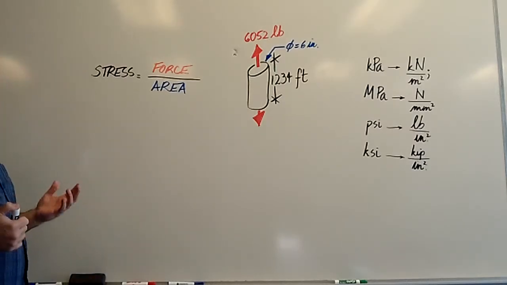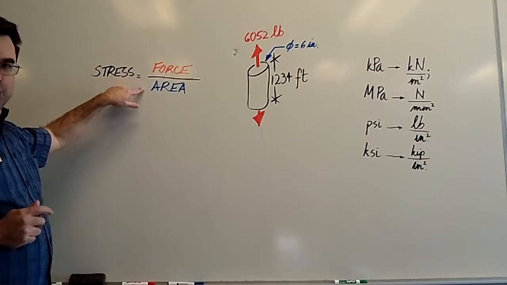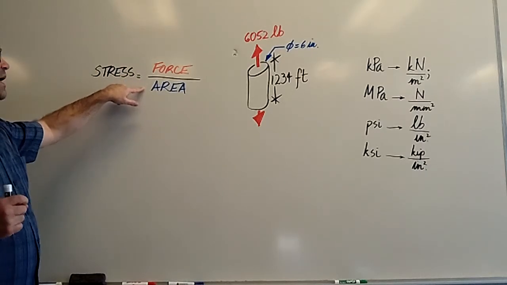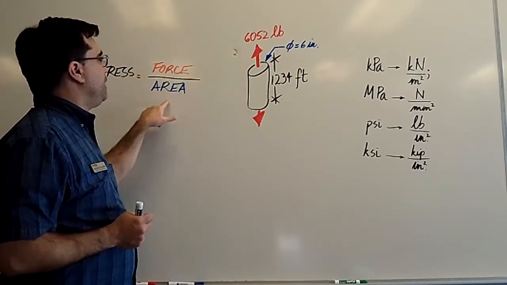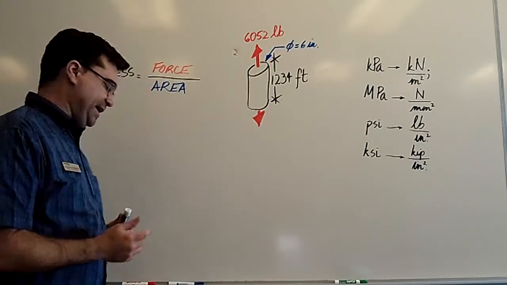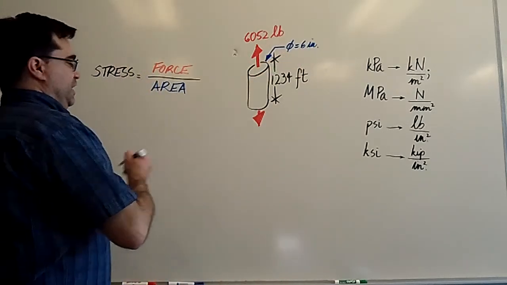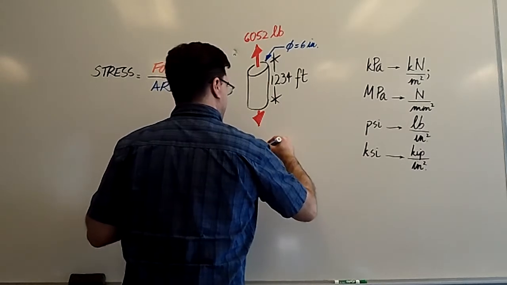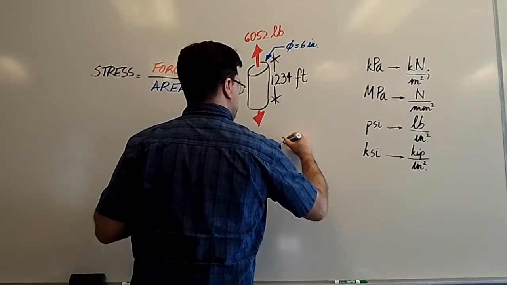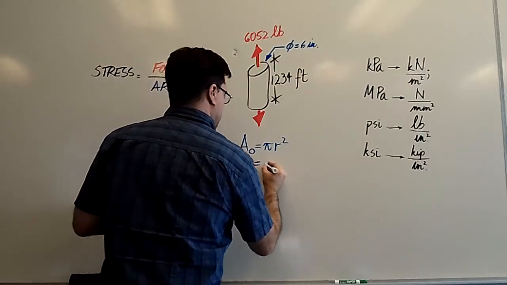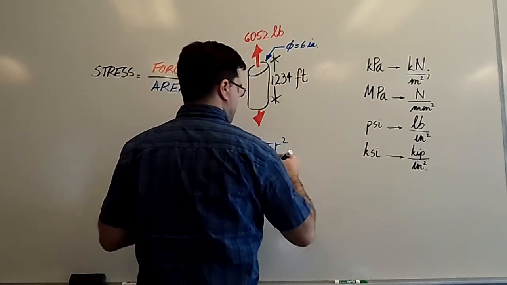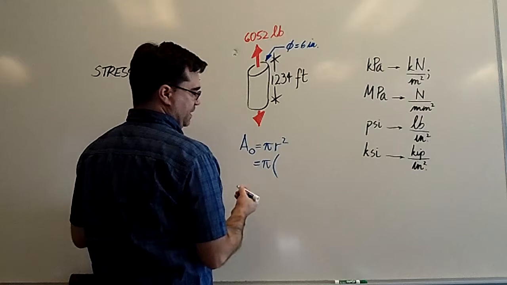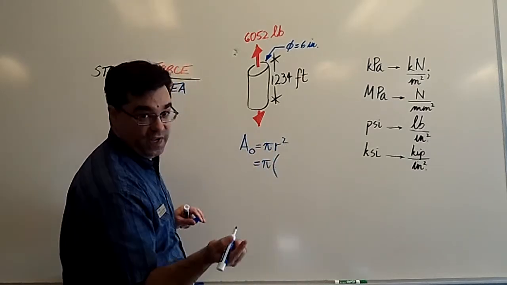So again, what we have to do is divide the force by the appropriate area. The force is given here. The area we have to calculate from the given diameter. So for the area of a circle, we remember that it's pi r squared. Pi times the diameter is twice the radius.